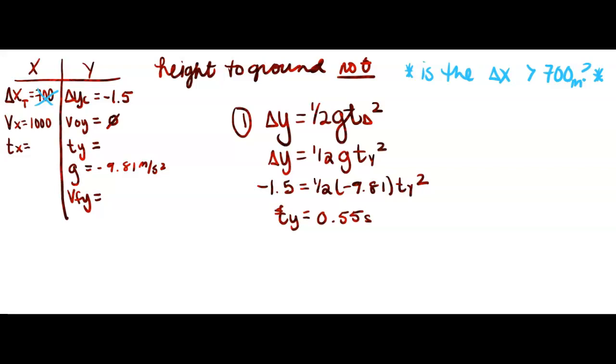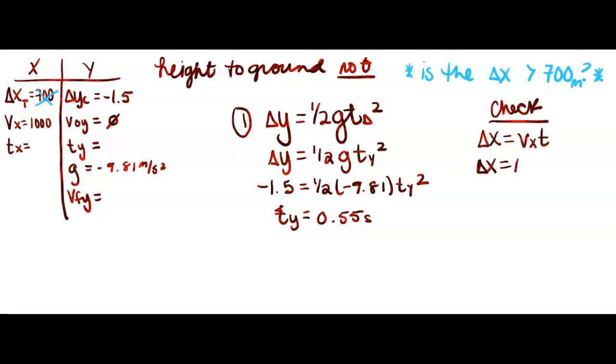So during the time that it's falling, it's also moving forward. So what we want to see is where that forward motion takes us. So is that going to take us to the target? Are we going to be short of the target? Or are we going to go past the target? So we need to check then to see basically where our delta x actually is. So we are going to do so by using the only equation we have for the x direction, which is delta x is vx tx.